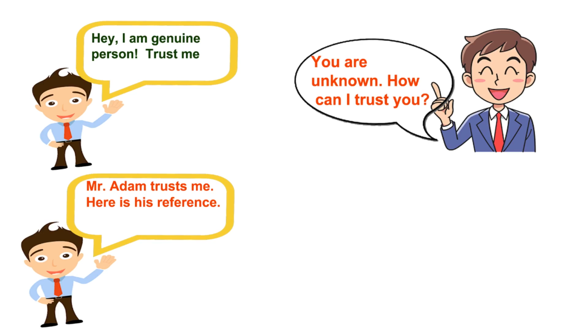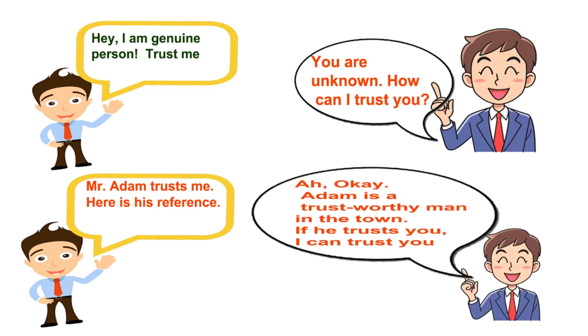So based on this reference, you should trust me as well. So you look into that letter, you verify and confirm that this is from Mr. Adam. You already know Mr. Adam. Mr. Adam is the most reliable and trustworthy man in your town. So you say, okay, Adam is really a trustworthy person in the town. So if he is trusting you and he is giving this letter, then I can trust you as well.